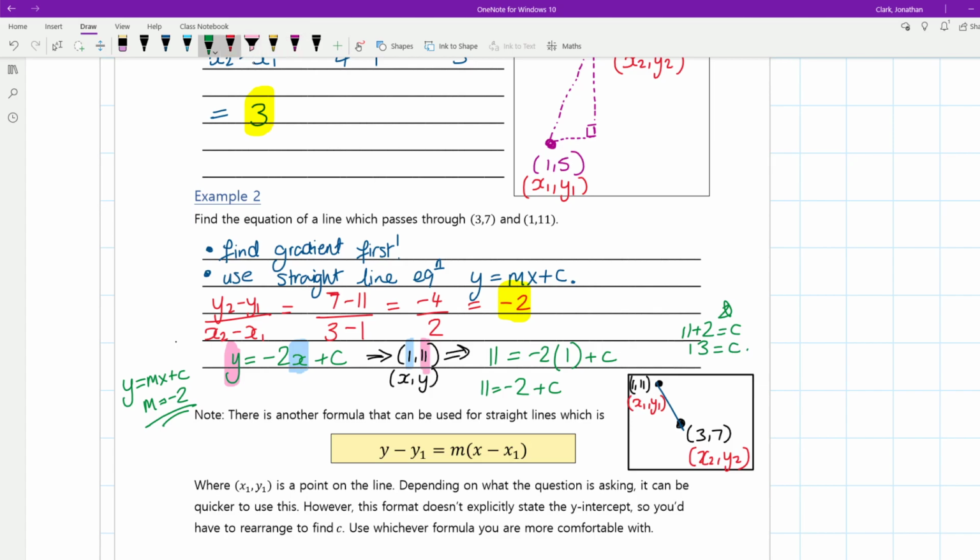So the equation of this straight line, which I've run out of space completely for, so I'm going out of the book completely. You probably still want to write yours in the book. y equals minus 2x plus 13. There we go, there's the formula for the straight line. Ta-da!